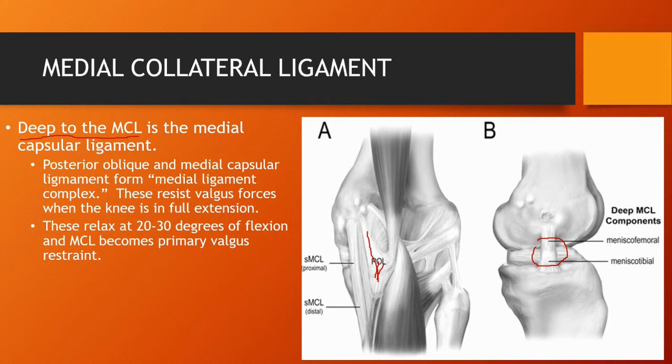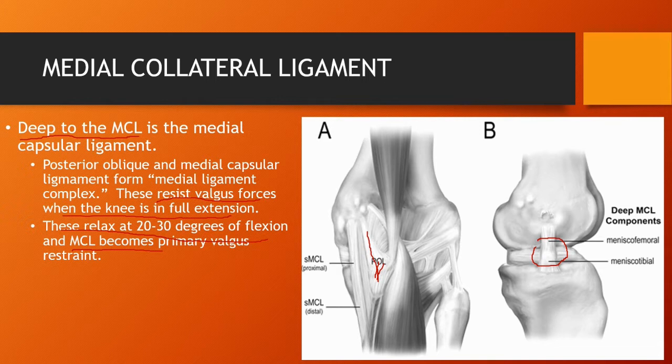And the medial ligament complex, independent of the medial collateral ligament, provides resistance to valgus forces when the knee is in full extension, and these ligaments relax at approximately 20 to 30 degrees of flexion, wherein at 30 degrees of flexion, the medial collateral ligament becomes the primary restraint to resist valgus forces.